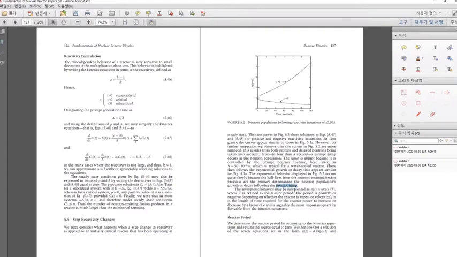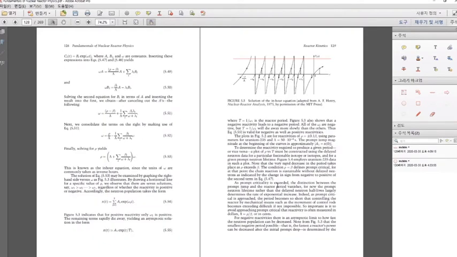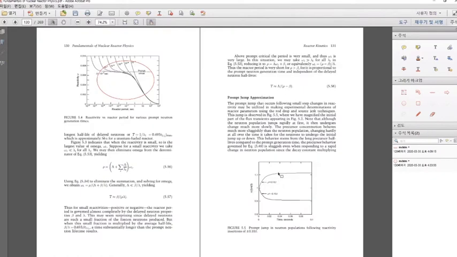Then exponential growth or exponential decay follows these prompt jumps. We are going to analyze the magnitude of a prompt jump given the parameters, and how it can be utilized to measure reactor parameters.